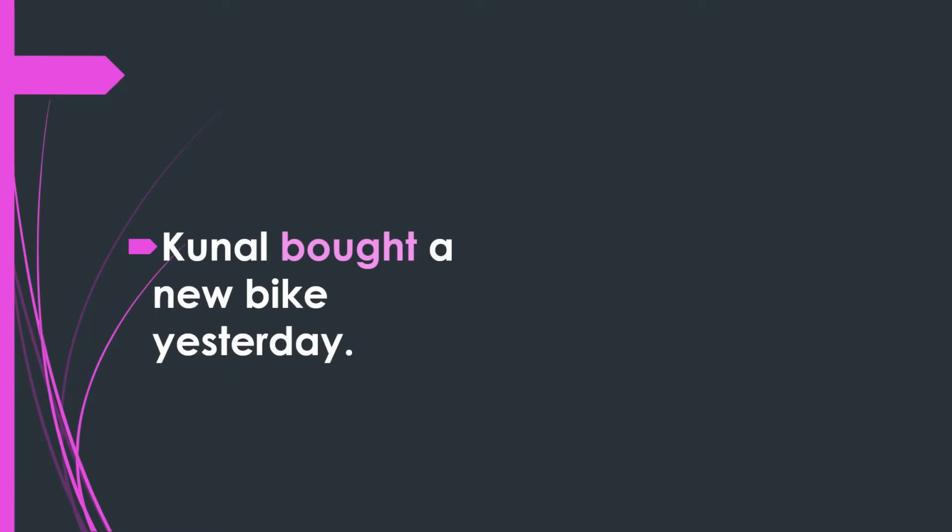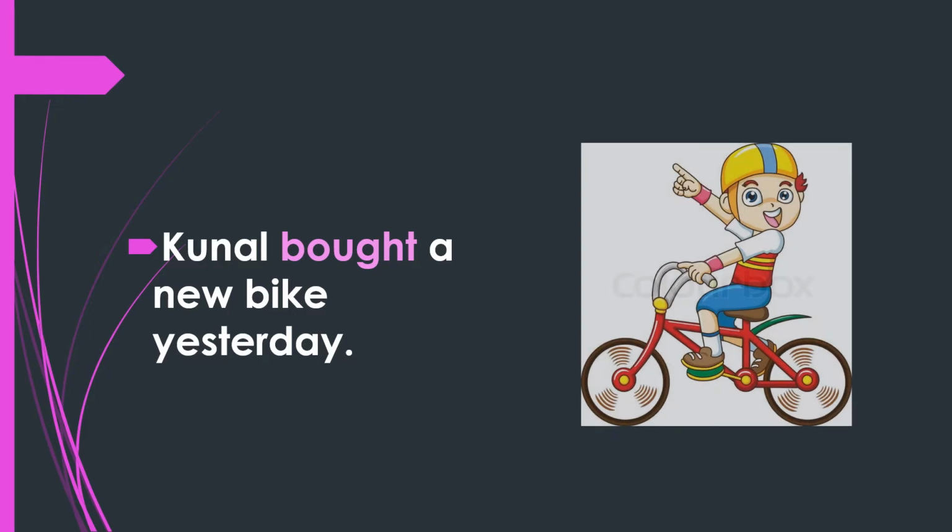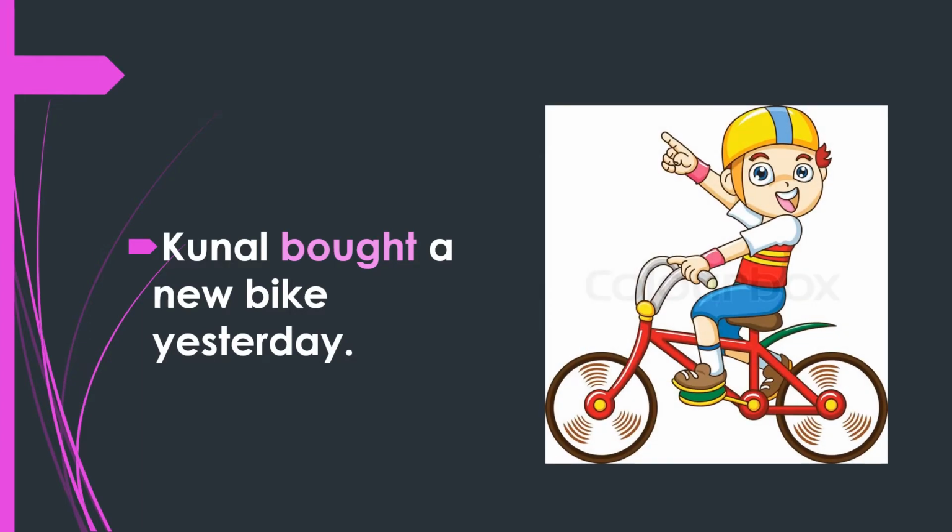The third example is, Kunal bought a new bike yesterday. Here, bought is the verb and it is in the simple past form. It indicates an action which happened yesterday. So it is in the simple past form.